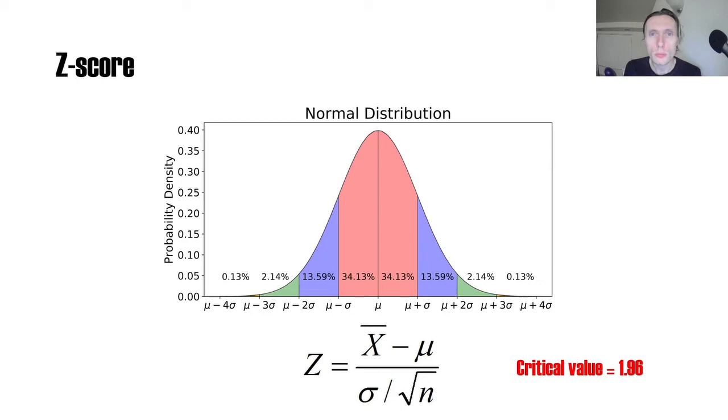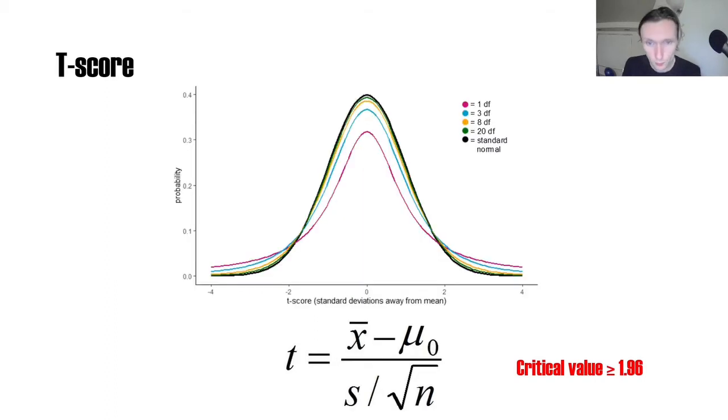Now, when we're doing experiments, we don't have an infinite amount of participants. We have a limited amount of participants because we can only test a few participants. And that's why we use a t-score. A t-score is basically almost the same thing as a z-score, except that we take into account the number of participants that we tested, so we kind of correct a little bit for that.